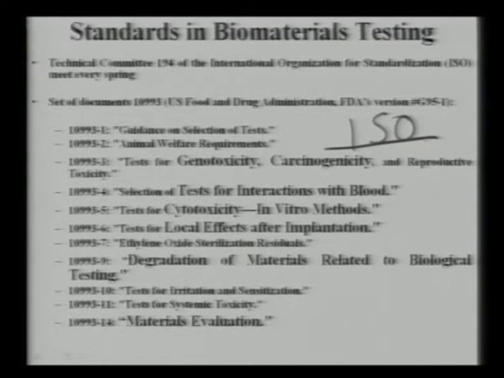The first one is the guidance on selection of tests. That tells you, suppose you are trying to develop a material X for Y application. Now for this material X, what are the kind of tests A, B, C, D that you need to perform to say that this material X will be suitable or ideal for this biomedical application Y.